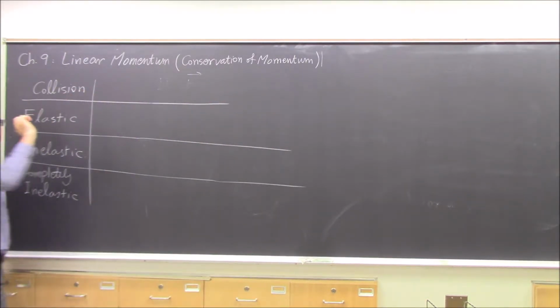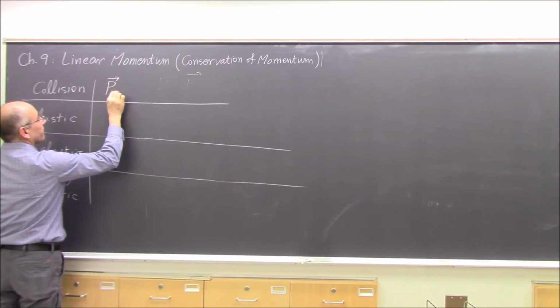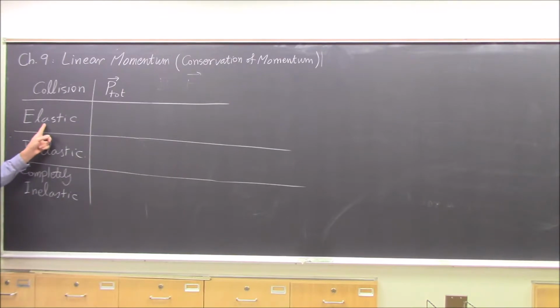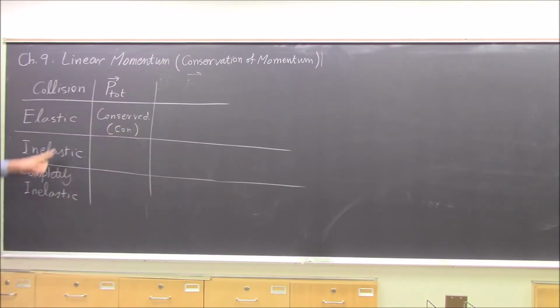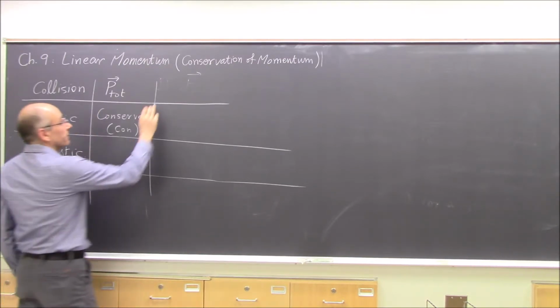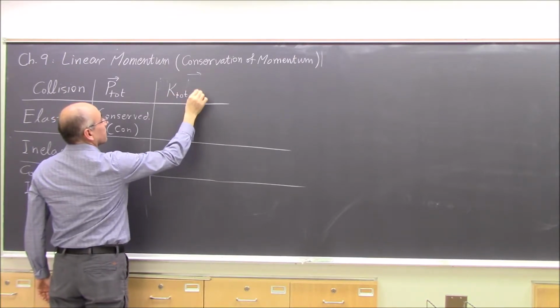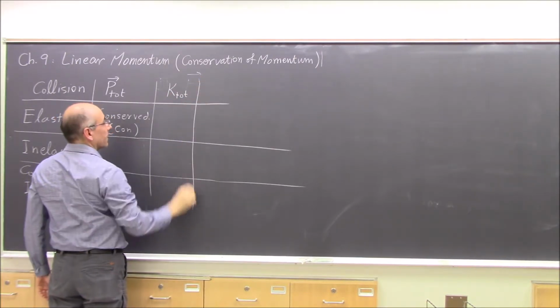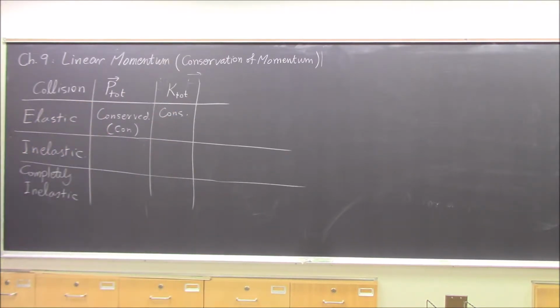So first, from the total momentum point of view, P total for elastic collision is conserved. When you have elastic collision, total momentum is conserved, and also total kinetic energy is conserved.